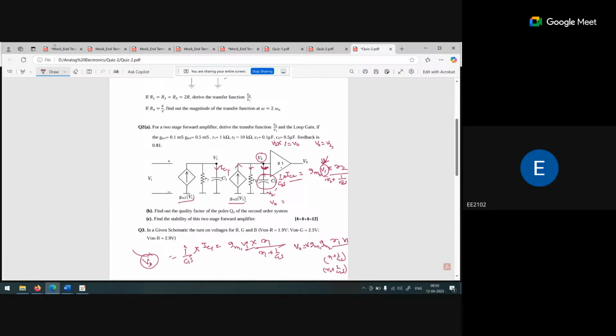So we calculate the V naught upon Vi. Now put the values of G1 and G2, R1, R2 and 1 by C1S, C2S. So we get an equation S square plus alpha S plus beta.